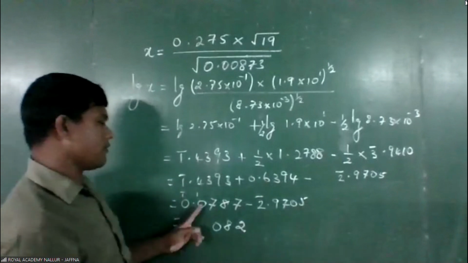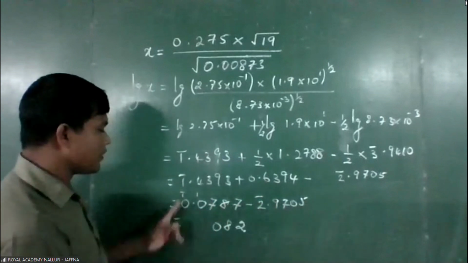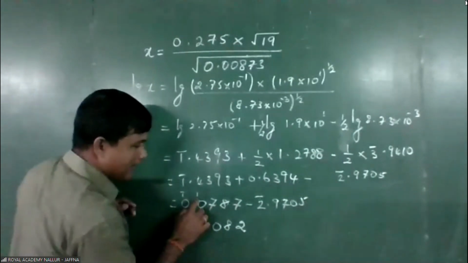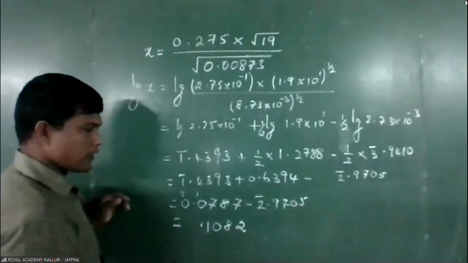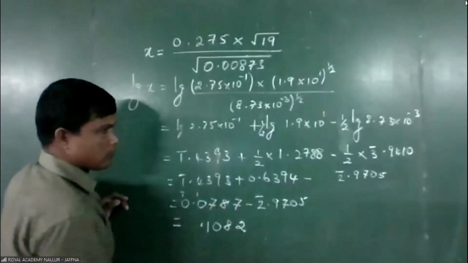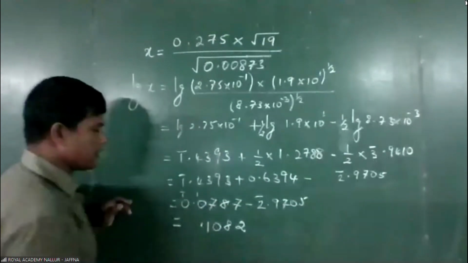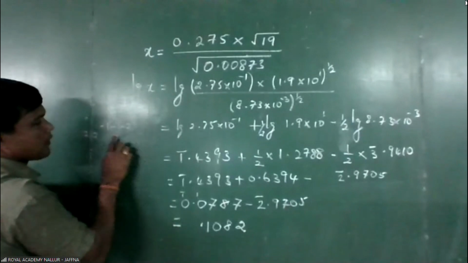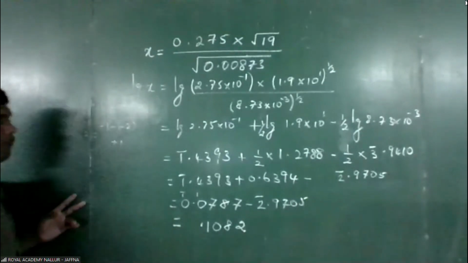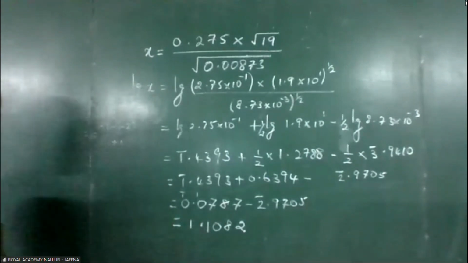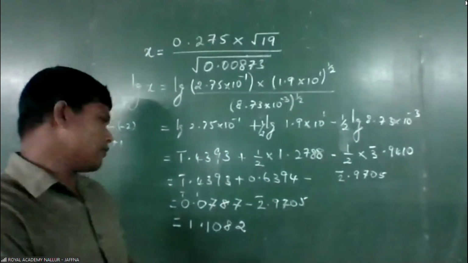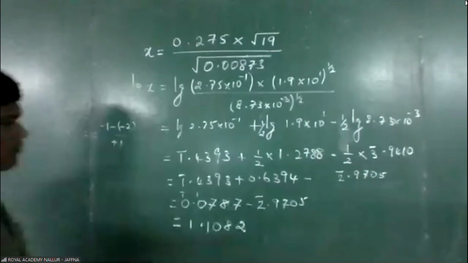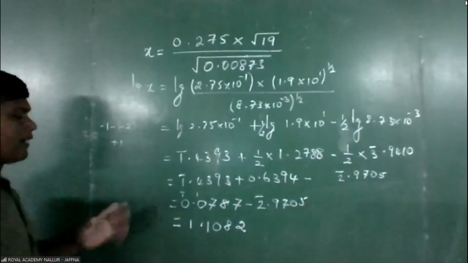Right? From this 0 minus 9 cannot be. Therefore, we take 1 and give bar 1 to balance it. So now it is 10. 10 minus 9 is 1. Now it's bar 1. Bar 1 minus bar 2. Bar 1 minus bar 2 is, you see now, plus 2 minus 1. Finally plus 1. So this is 1.1082. When you check it again, by adding these two, you can have this also. Right, okay. Then this answer clear.